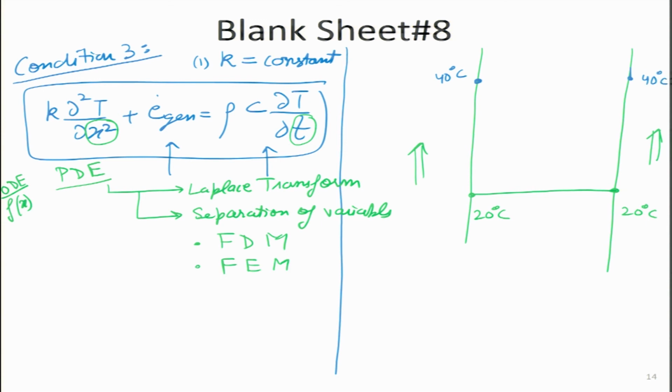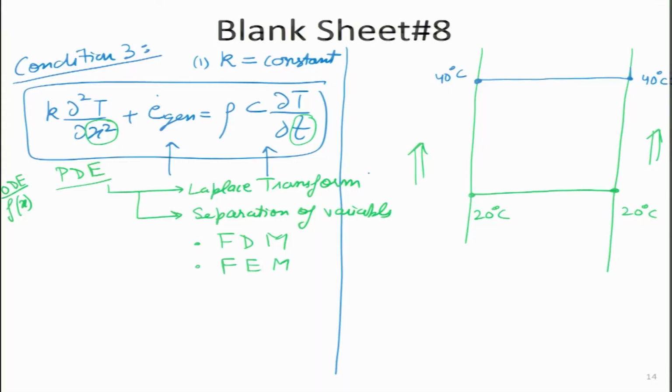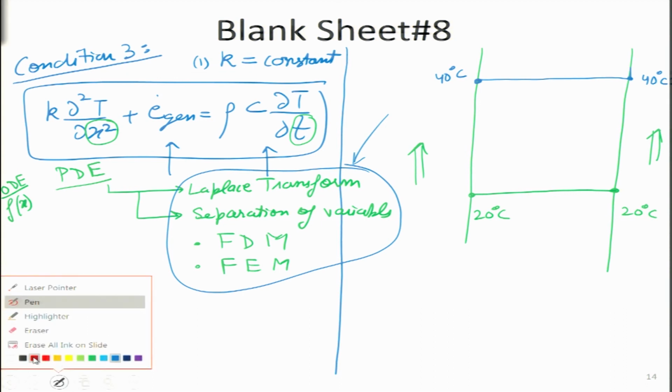In that particular case the final solution should be like this, because initially the wall was at 20 degrees, finally it will reach 40 degrees. What will happen in between? The wall is going to experience heating from two sides and the temperature inside should rise, and that is what all these equations will give us the solution. These will be analytical and numerical solutions, but for now we are not going in that direction.